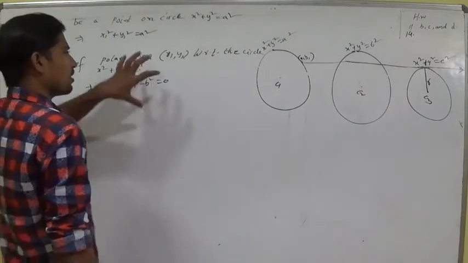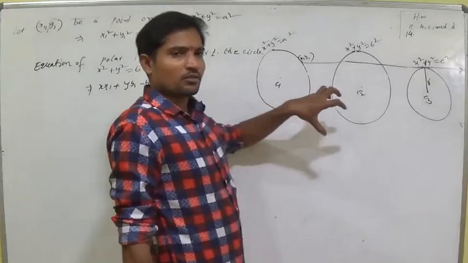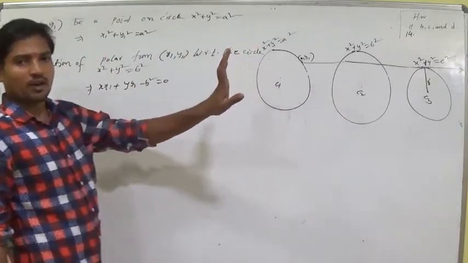This is the polar equation, right, from the point (x1, y1).